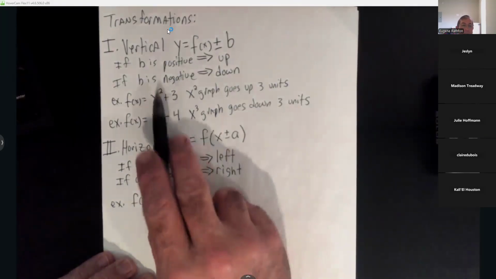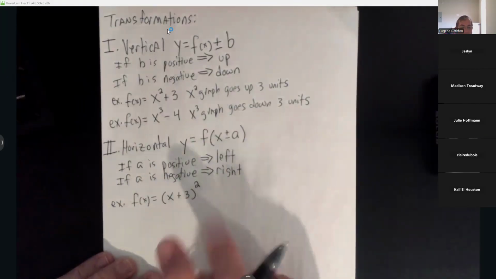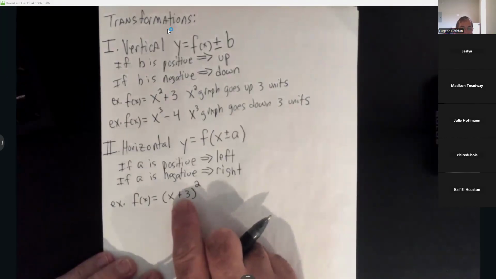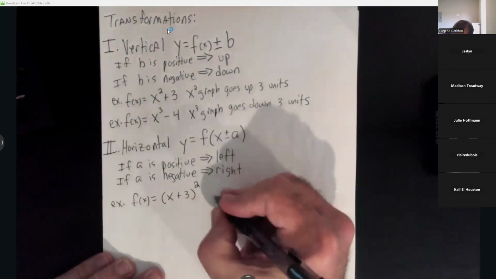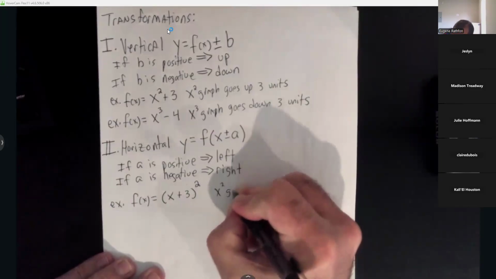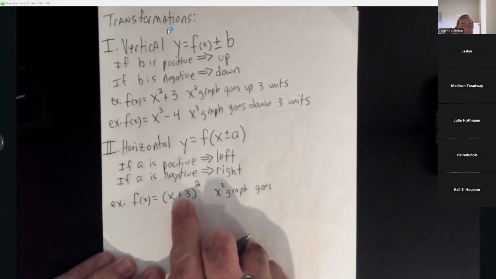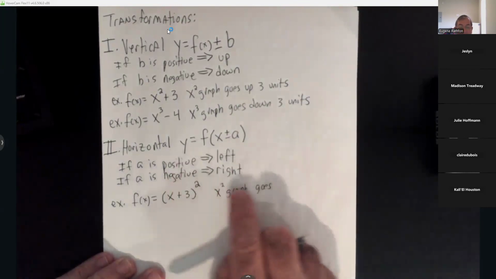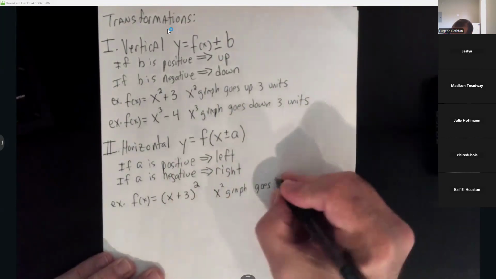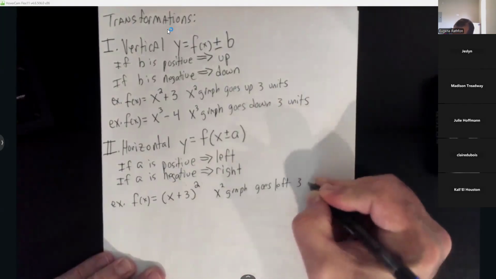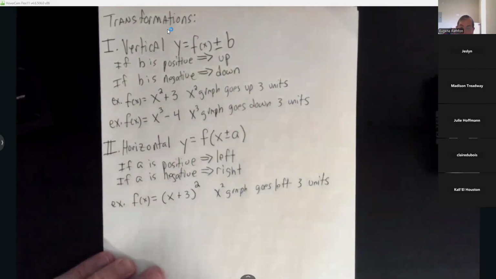So that's the difference between the verticals and the horizontals. So what's happening right here is the x squared graph goes, since it's being added, remember I said it goes left. So this graph goes left 3 units.